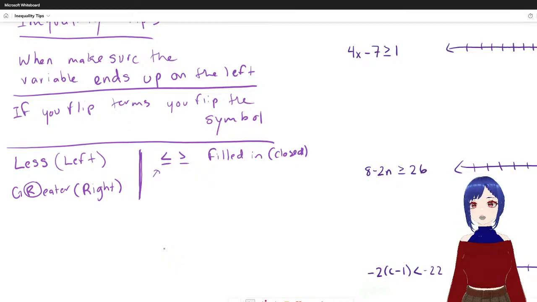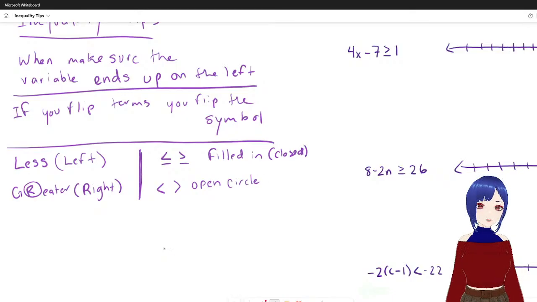So if there's more going on, you gotta fill in more stuff, which means you fill in your line for your shading and you fill in your circle. And then less than and greater than, open circle. I don't have another way that I say open circle. So those are the tips that I have in terms of your graphing shortcuts.